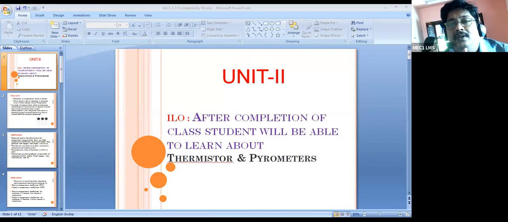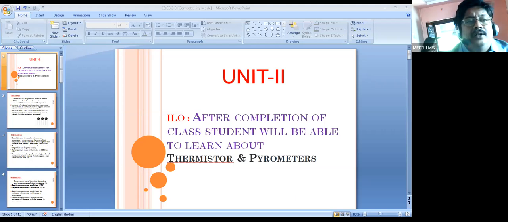In our Seebeck and Peltier effects, there are two dissimilar conducting materials, but here only a single conductor. That is why I am not discussing this one.